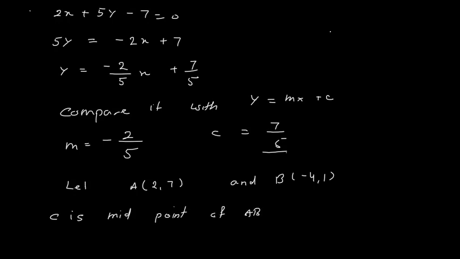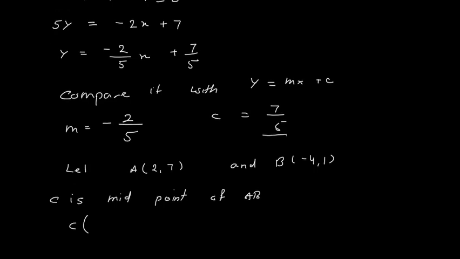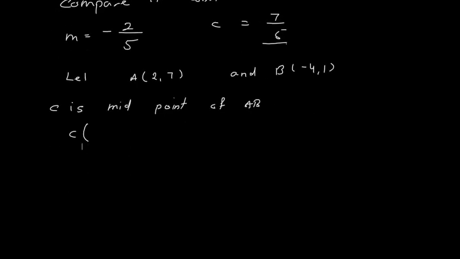So in that case the coordinate of C will be 2 minus 4 divided by 2, 7 plus 1 divided by 2. That is, 2 minus 4 is minus 2, minus 2 upon 2 is minus 1, 7 plus 1 is 8, 8 upon 2 is 4. So the coordinate of point C is minus 1, 4.